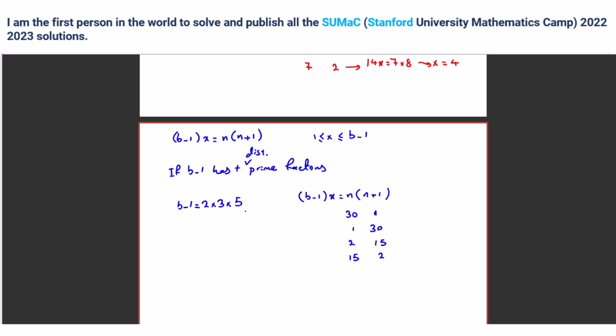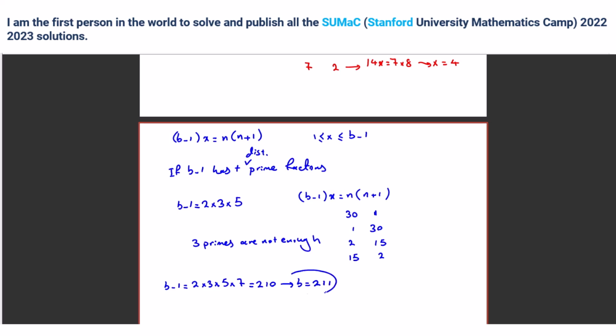Yeah. So we have 8 cases, but we need how many cases? 11 cases, right? Yeah. So 3 primes are not enough, right? Yeah. And because we need 4 primes, b minus 1 should be 2 times 3 times 5 times 7, which is 210. We should check b equals 211.